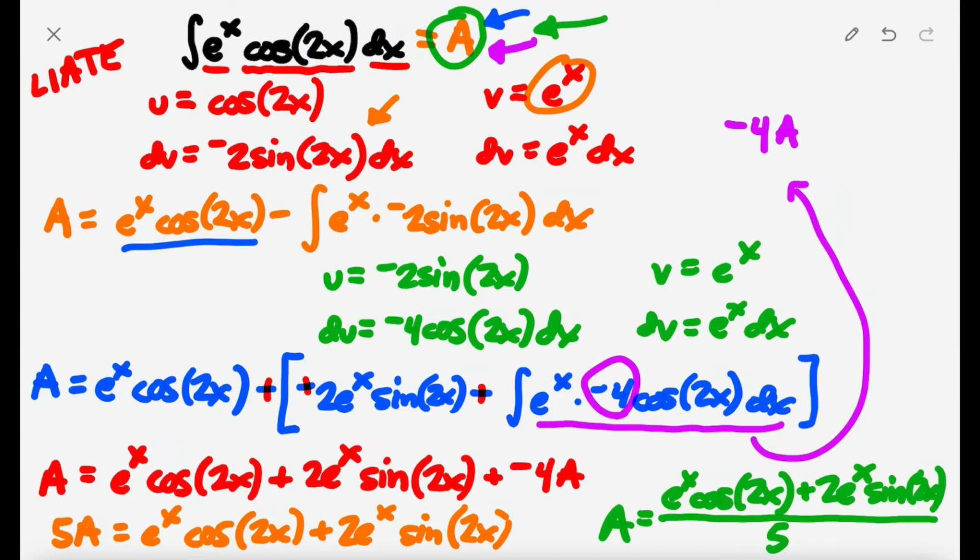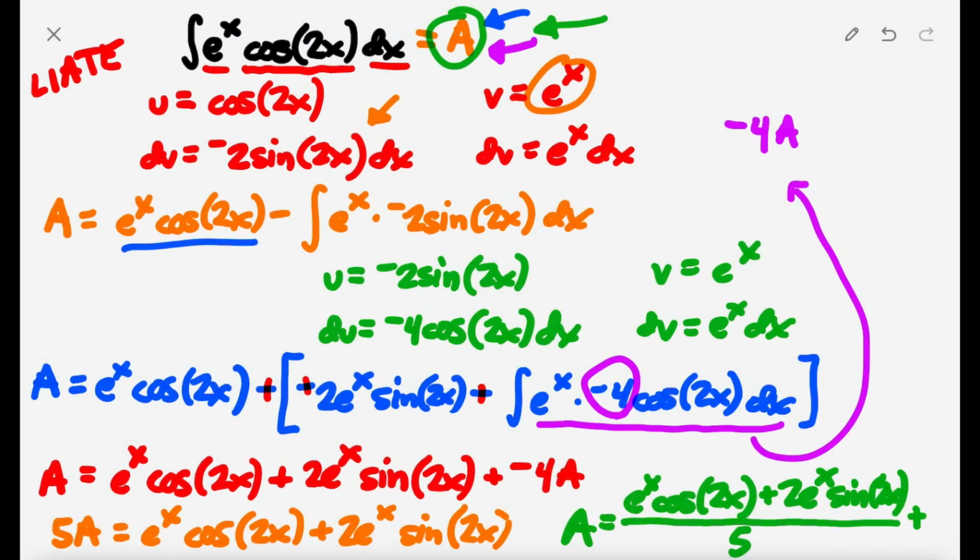Okay. Now, since this is an antiderivative, you will need a plus C. I didn't really leave enough room here for the plus C, so that's embarrassing. So I'm going to add in a little plus C right here.